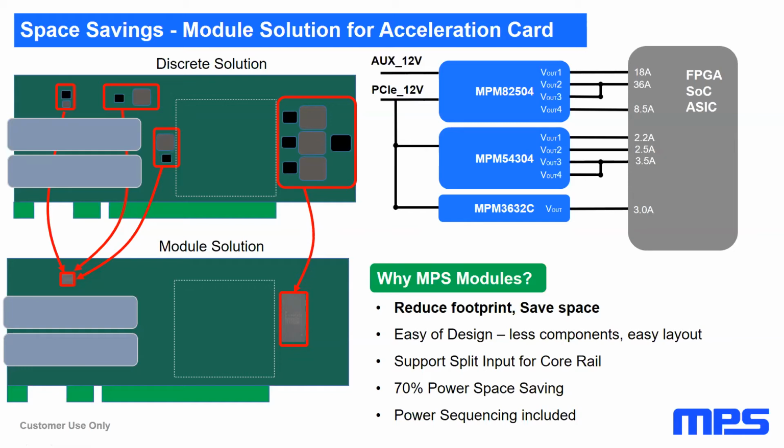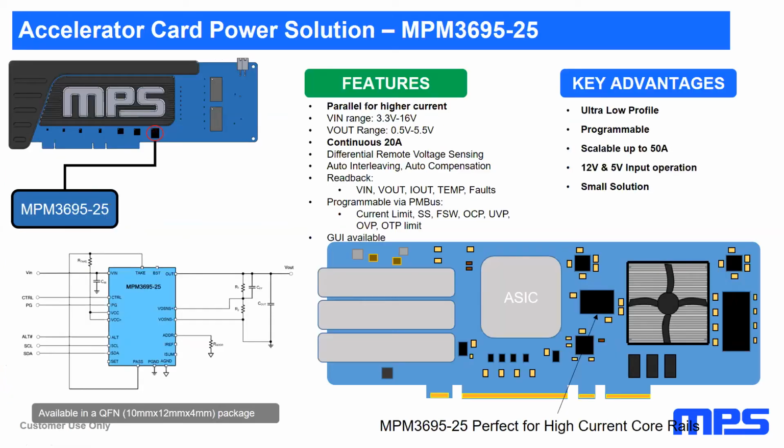So now to jump into our devices and how those play a key part in our solution offering. We're really talking right now about the core solutions, but jumping into the high current core solutions that we do offer at MPS. The first one being our 3695-25.